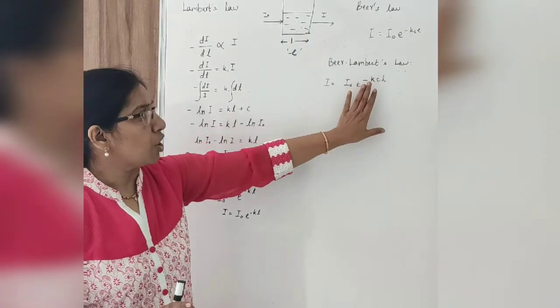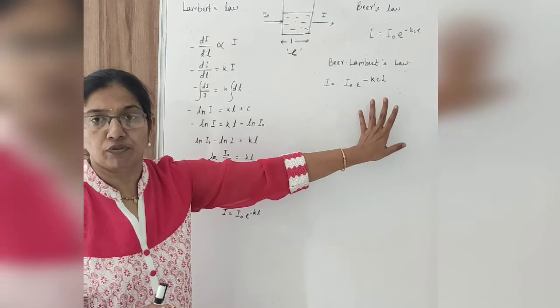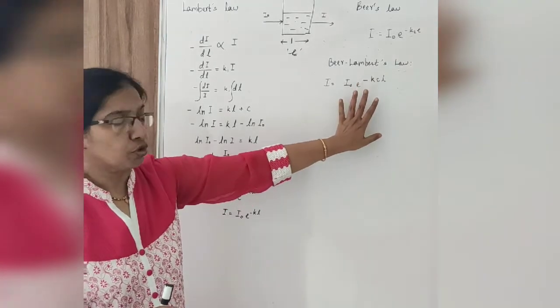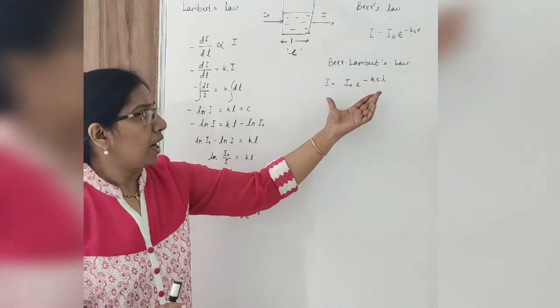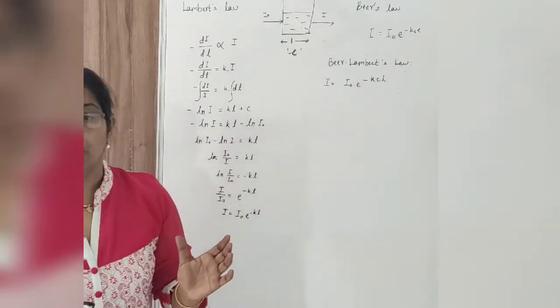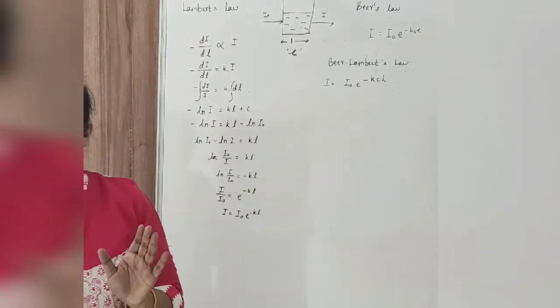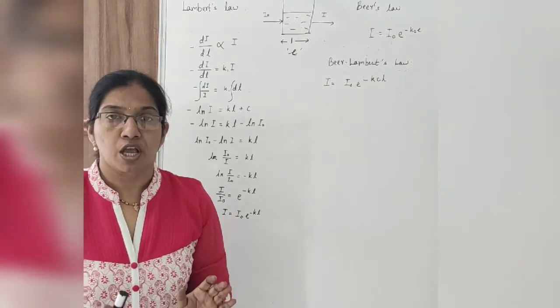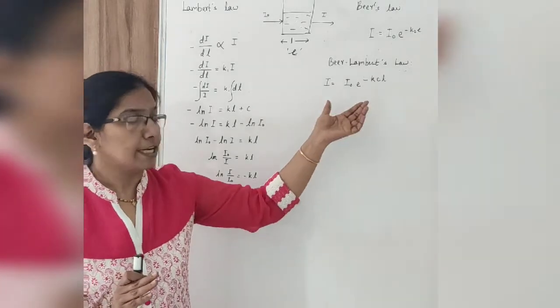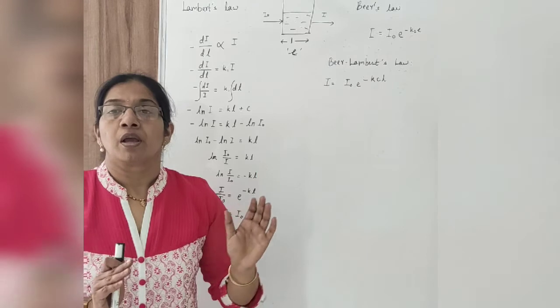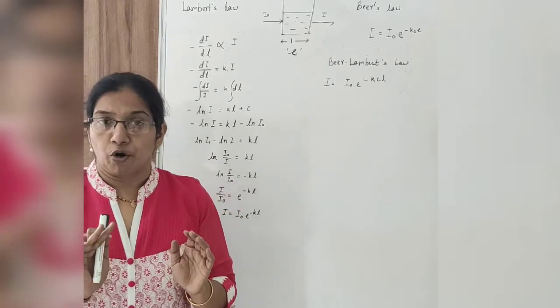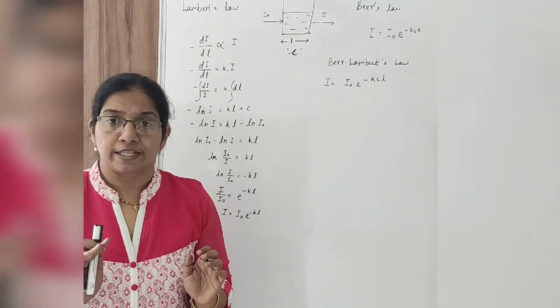This law is very important in colorimetry and spectrophotometry, and mainly this law is applicable for dilute solutions. The concentration of the solution should be near about 0.01 molar or less.